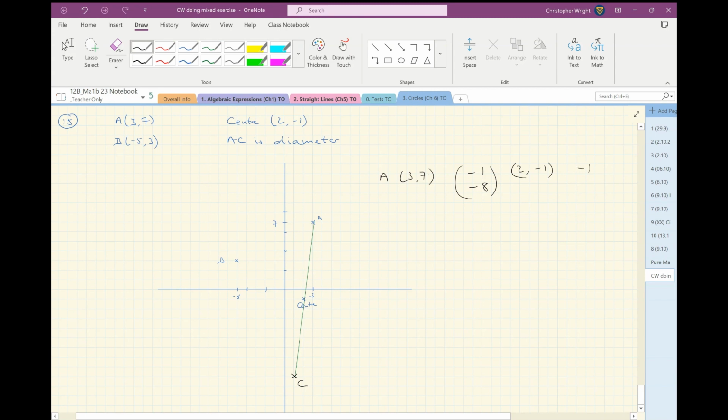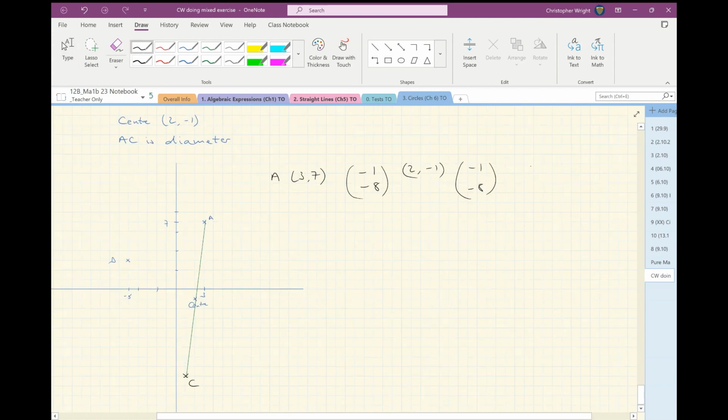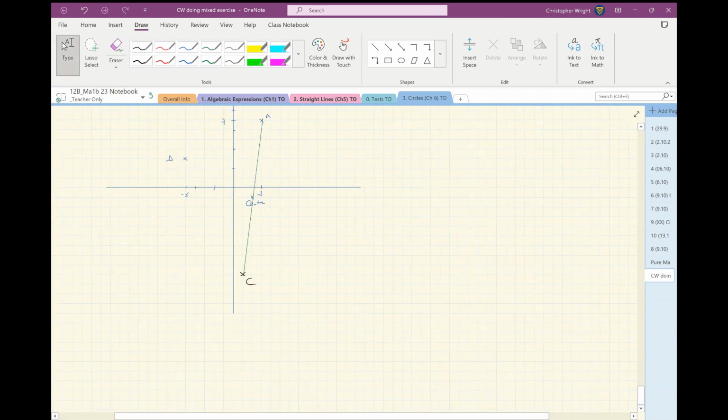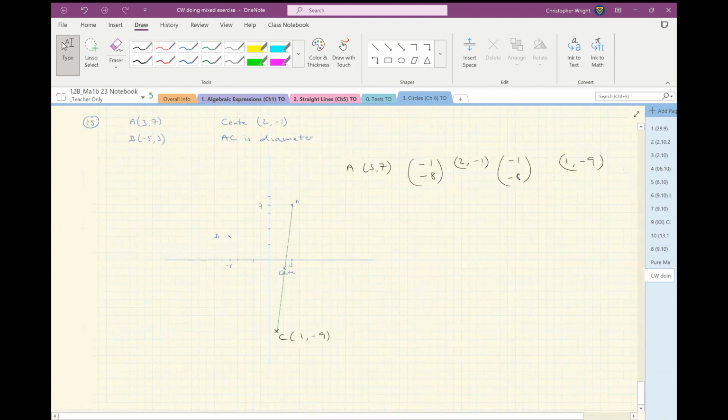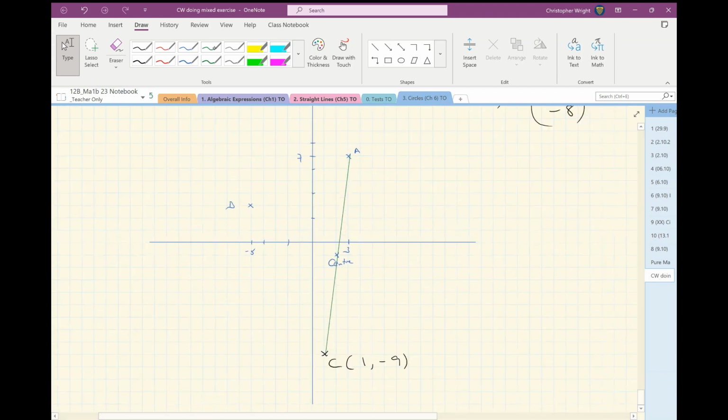So I'm going to use that vector again, (-1, -8), to give me the point (1, -9), which is this point here. So in answer to the first part of the question, which isn't really the first part of the question, I found that C is (1, -9). And now I'm asked to find the area of this triangle here.